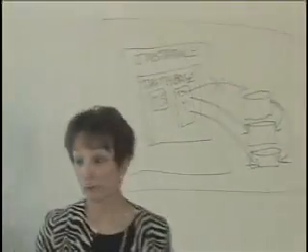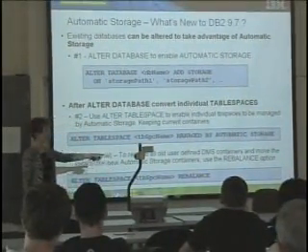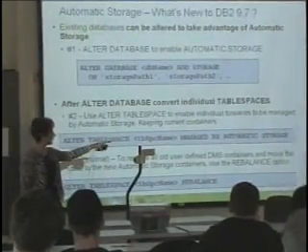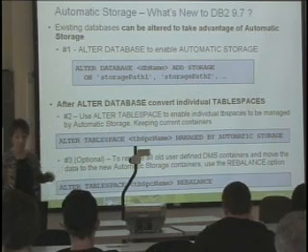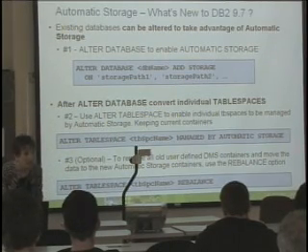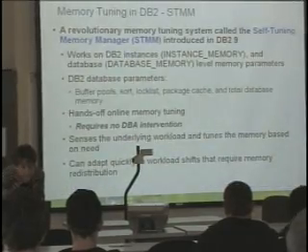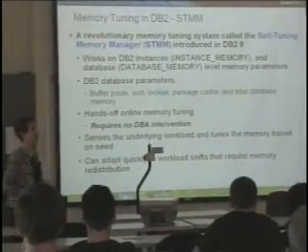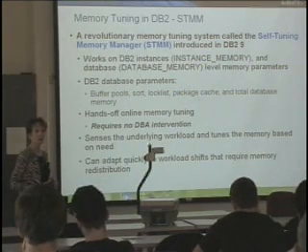And the only thing that you did to make that happen is you said alter table space name rebalance. That means rebalance from the old container to the new ones that are automatic storage containers. Okay, that's all I'm going to say about that, unless there are some questions about automatic storage.